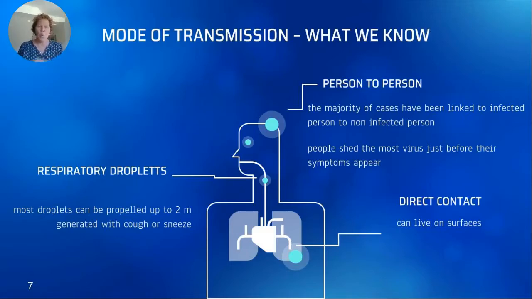As they settle, perhaps they land on a desk surface in the work environment. Another individual might come along and touch that contaminated surface if I have COVID and I've coughed and sneezed on it. And then they may touch their eyes, their nose, their mouth, so all mucous membranes. And then that person subsequently contracts this infectious disease. So those are the two things that employees have to remember: how transmission occurs.